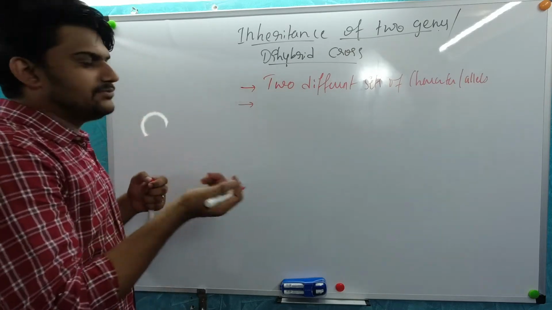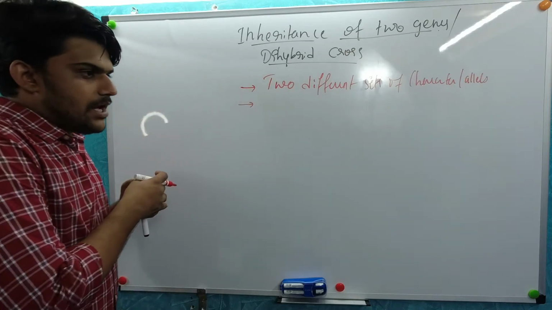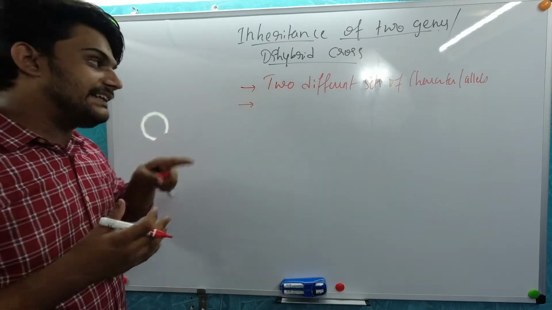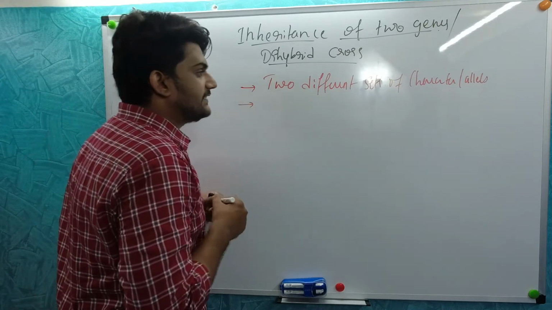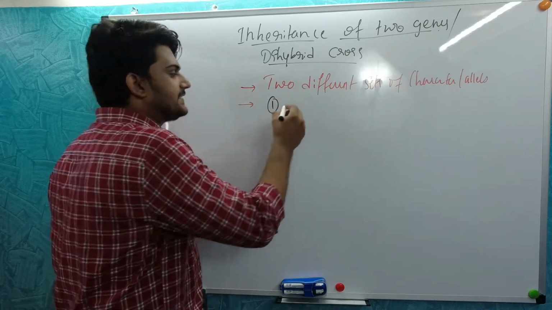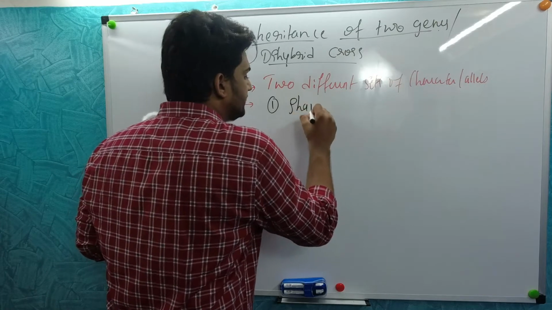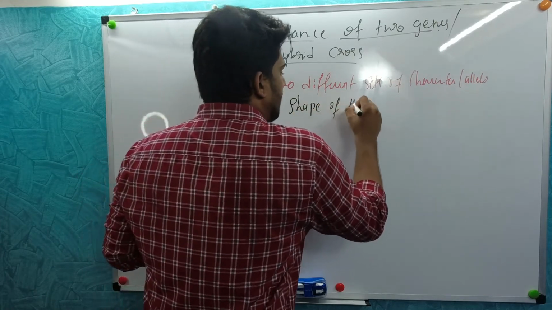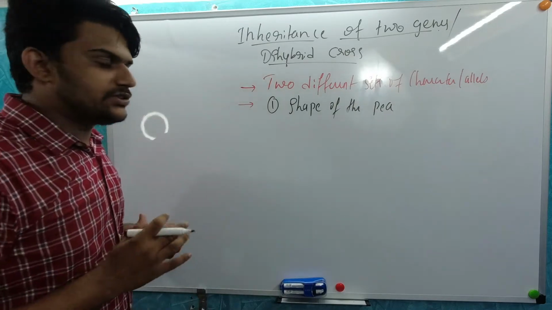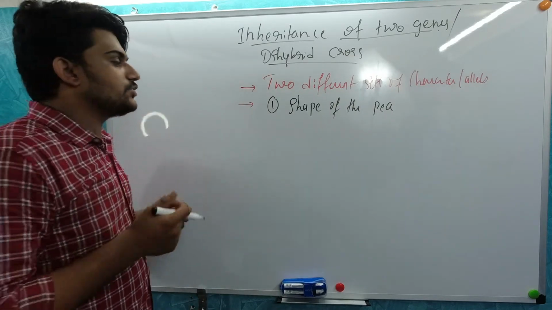As I told you, the first character he took was the shape of the pea, as you all know that Mendel did all his crossing and genetics experiments on pea plants.